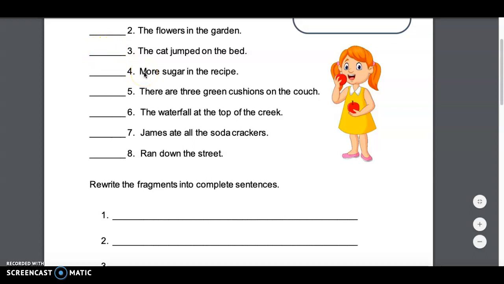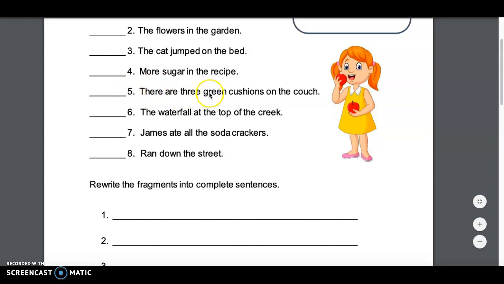Okay, you're going to try the next couple of sentences. I am going to read it to you, and I want you to think in your head, is it a sentence or a fragment? Number 4. More sugar in the recipe. Is that a complete sentence or is it a fragment? How about number 5?